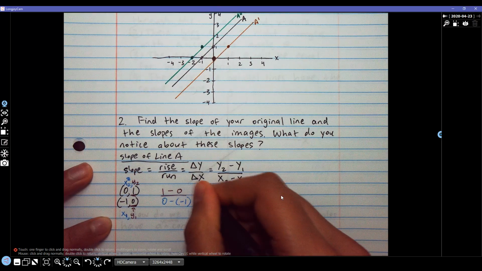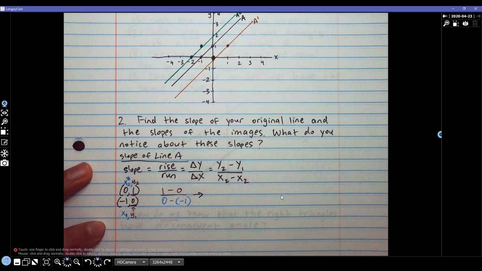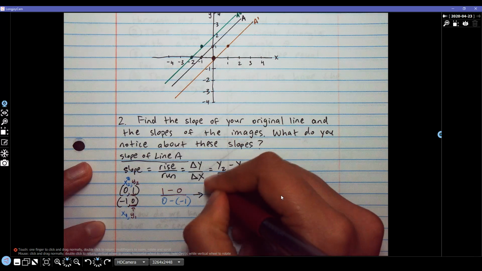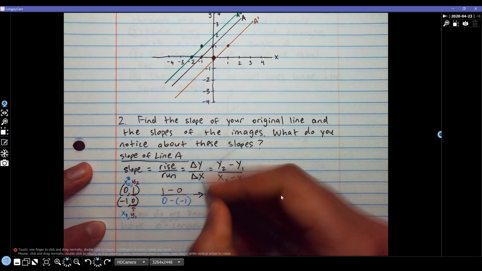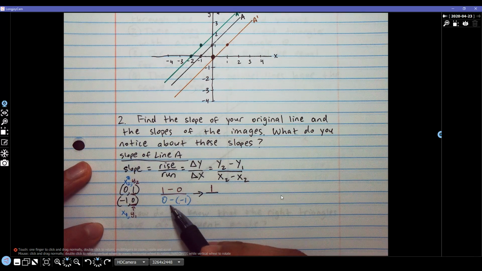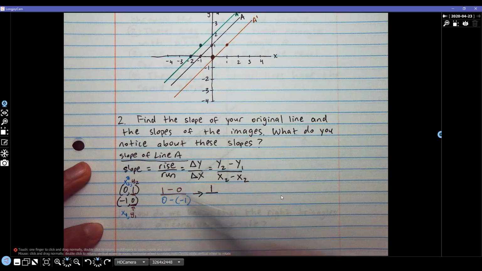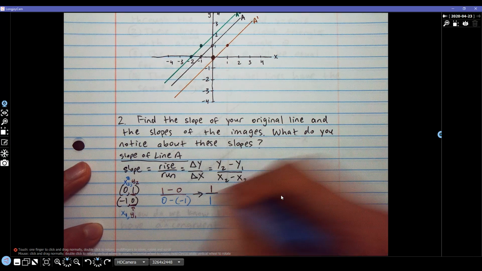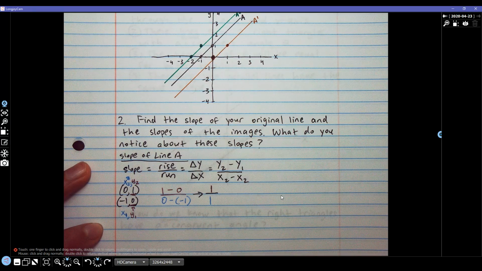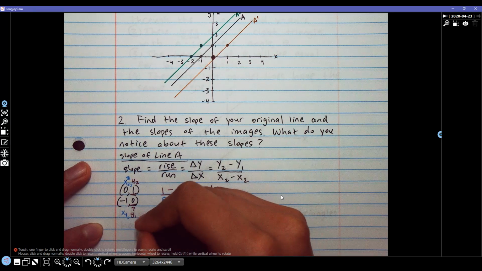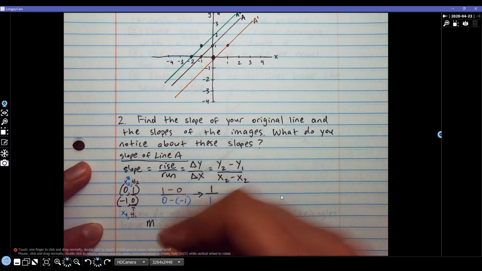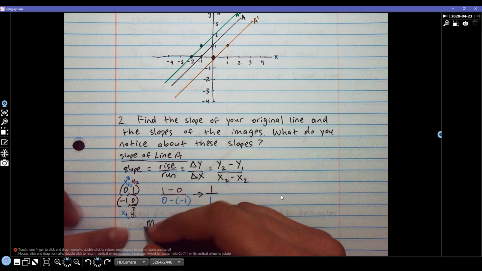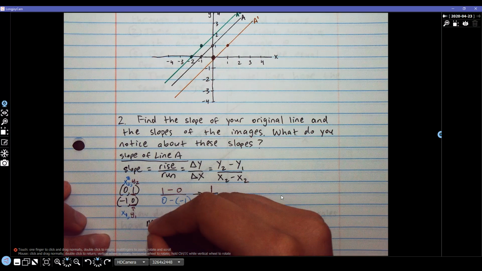So if we simplify this further, 1 minus 0 is 1 over, and then folks, if we subtract a negative, that negative becomes a positive. So 0 plus 1 is just 1. So our slope of line A, and I'm going to use the letter m, we usually use the letter m to represent our slope. So our slope of line A is equal to 1.